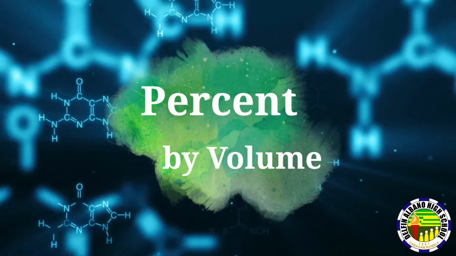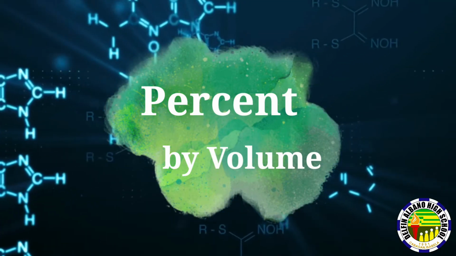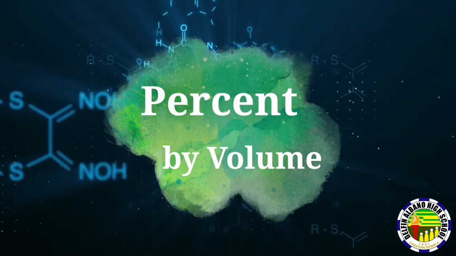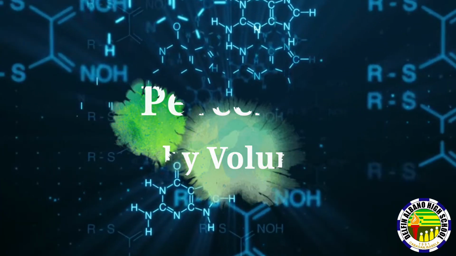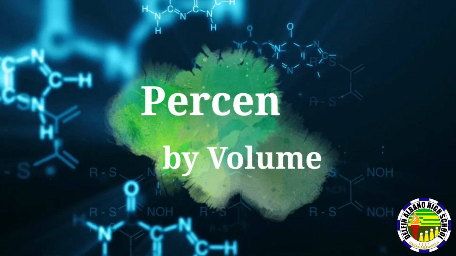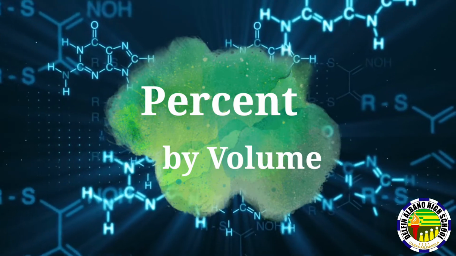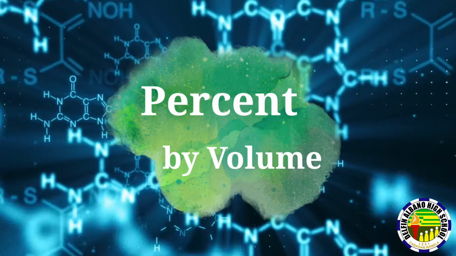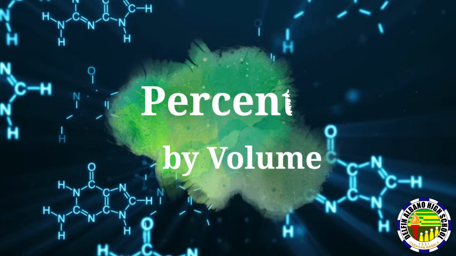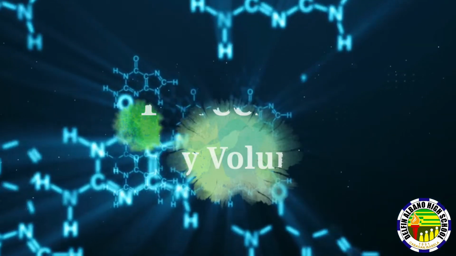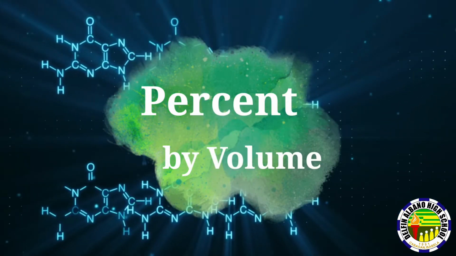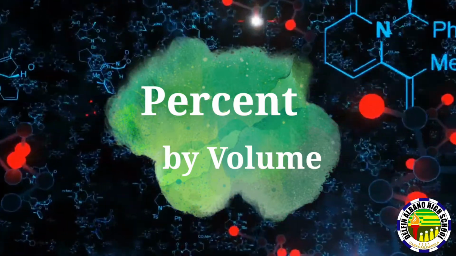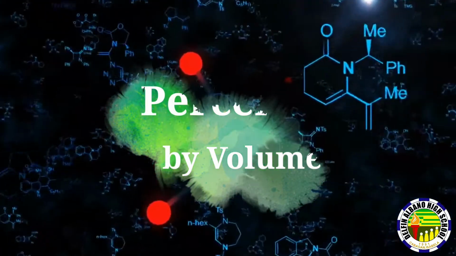Percent by volume, on the other hand, is a common expression used for expressing concentration. It is related to the molar concentration, but the difference is that the volume percent is expressed with a denominator of 100. It is used for reporting concentration of liquid solutes in solution.